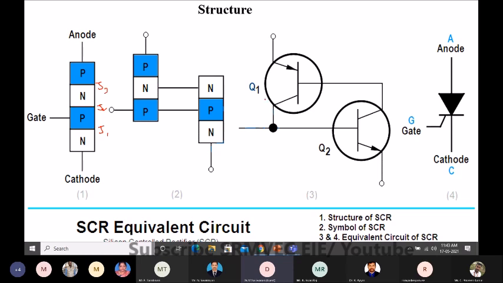The actual internal structure is a PNP transistor along with an NPN transistor. This is how they are combined to form an SCR, and this symbol is given here. So this is a 4-layer device, and usually these are used as a bistable switch.